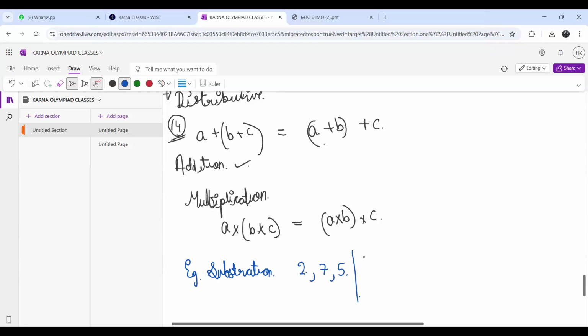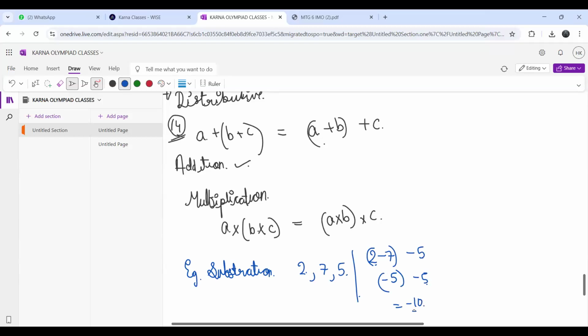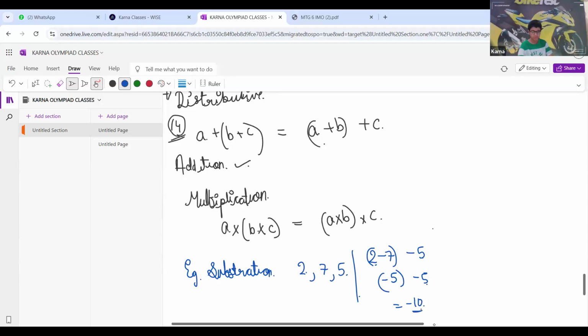Now you are taking 2 minus 7 and you are subtracting 5 from it. What is 2 minus 7? Ma'am, you'll get negative 5. Minus 5 is minus 10, not 0, right? Yes, ma'am.